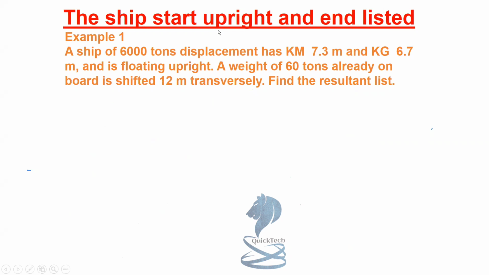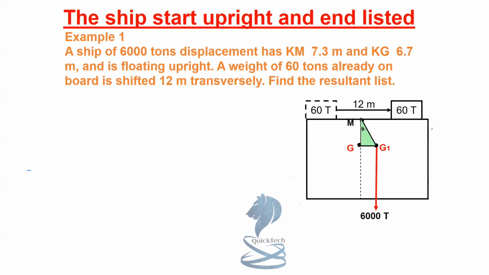A weight of 60 tons already on board is shifted 12 meters transversely. Find the resultant list. So the vessel is initially in upright condition. We have to shift a weight of 60 tons transversely to make the vessel listed and find the resultant list.